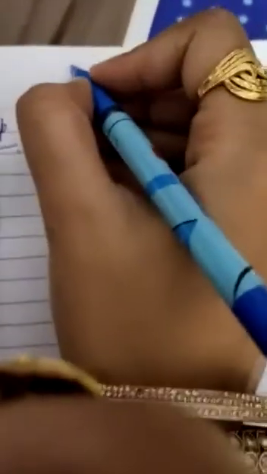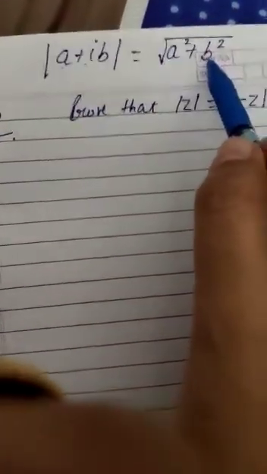Suppose they give us a complex number a plus iota b, and we want to find the modulus of this number. The modulus of a complex number is always equal to the square root of the square of the real part plus the square of the imaginary part. Means modulus of a plus iota b is equal to under root a square plus b square.